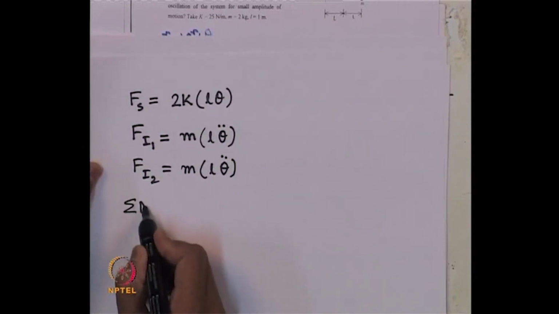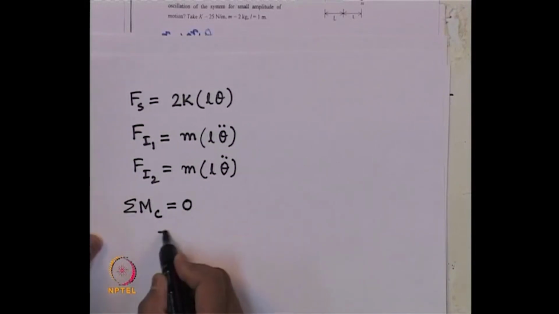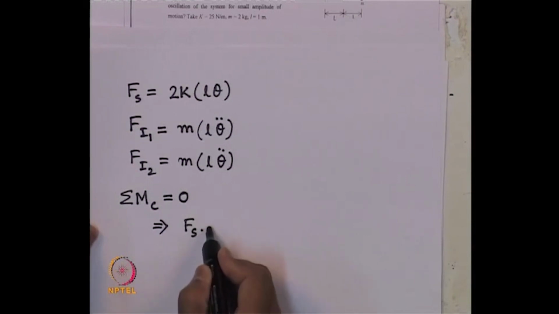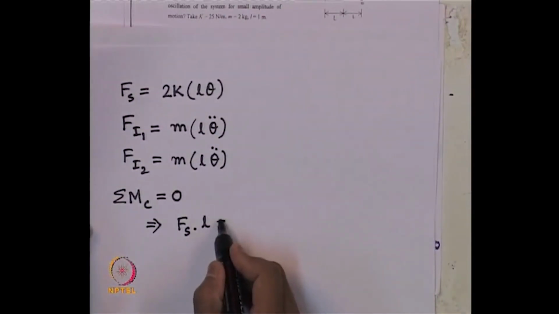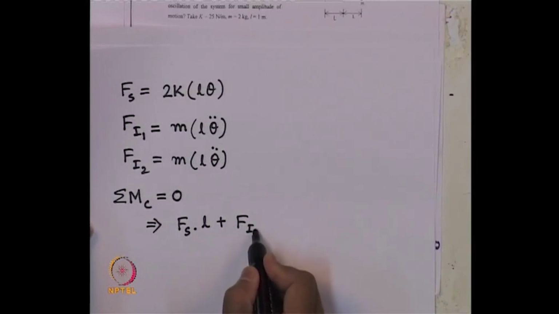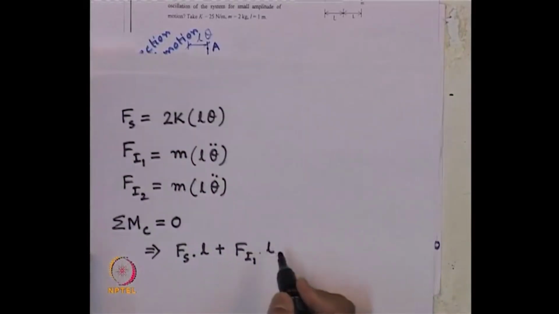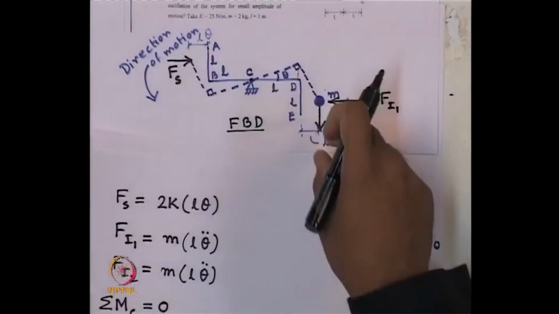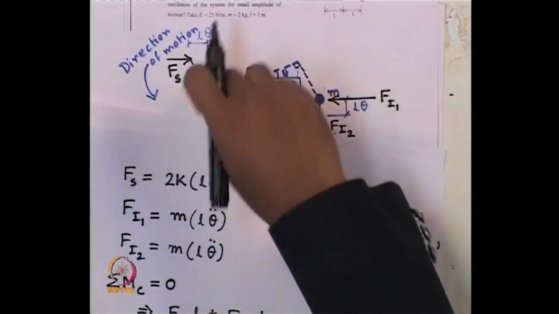Now we write the moment equilibrium equation about point C, which gives us the spring force times L, plus F I 1, the horizontal inertia force, times L, plus F I 2 times the horizontal length L, equals 0, and all of them produce clockwise moment about point C.